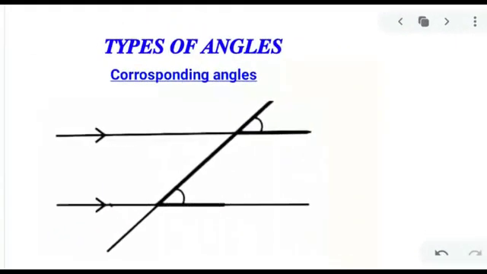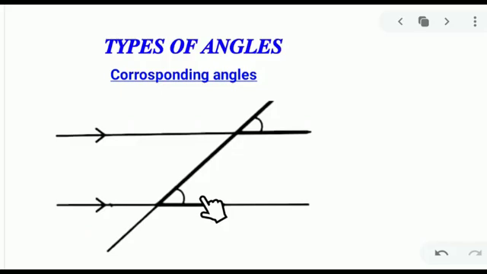Now, the second type of angles that we are going to learn is called corresponding angles. Corresponding angles are those angles which lie on the same side of a parallel line. Like this angle will be equal to this angle, because if we pick up this whole X and put it over here, then this angle will be equal to this angle.